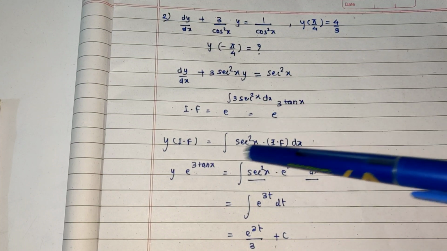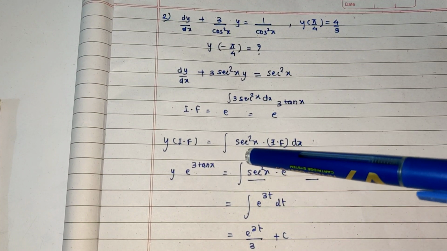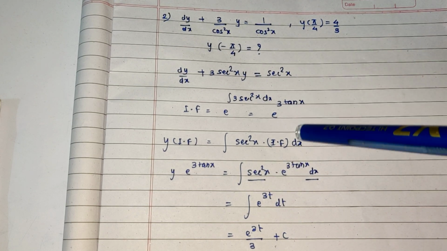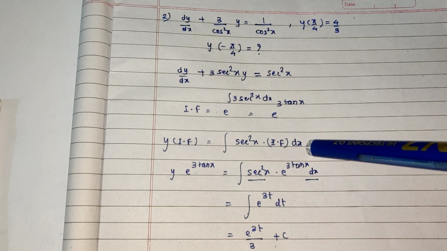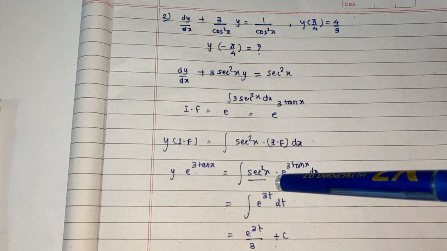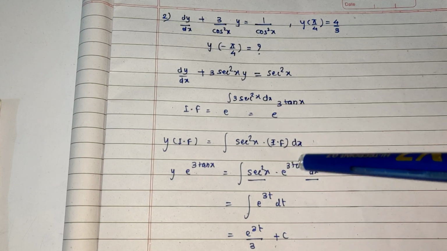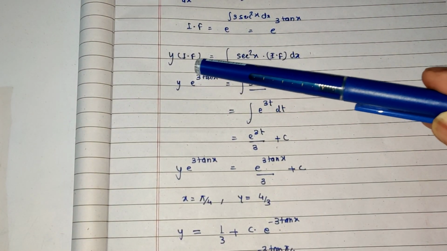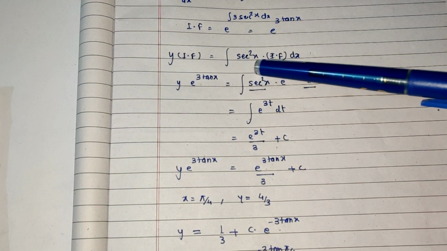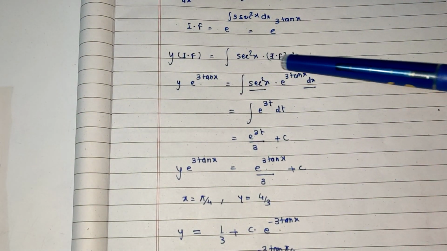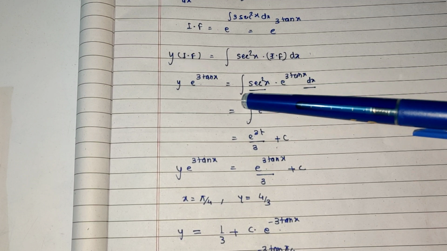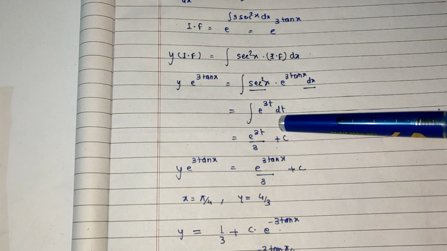The general solution is y into integrating factor equals integral of q, which is sec² x, into integrating factor dx. So the integrating factor is e raised to power 3 tan x. Substitute tan x as t, so e raised to power 3t, and sec² x dx is dt.